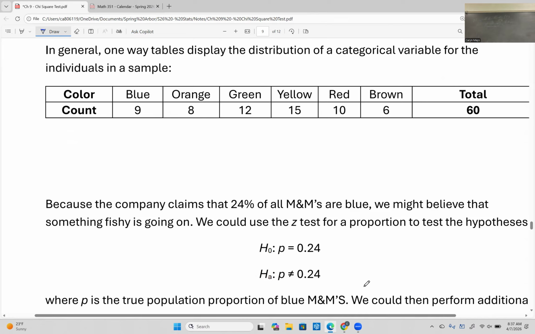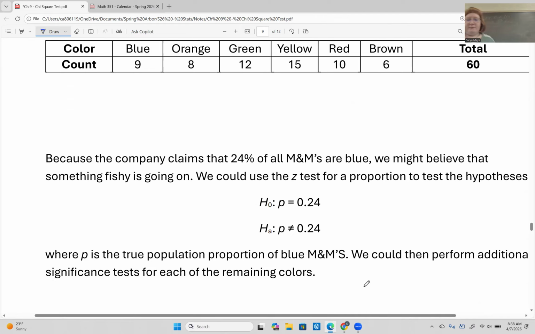That it is not 24% that are blue, where P is the true proportion of blue M&Ms. So we could use that past breakdown and use a past z-test or t-test, or this is a proportion, so z-test. And we could perform additional significance tests for each one.